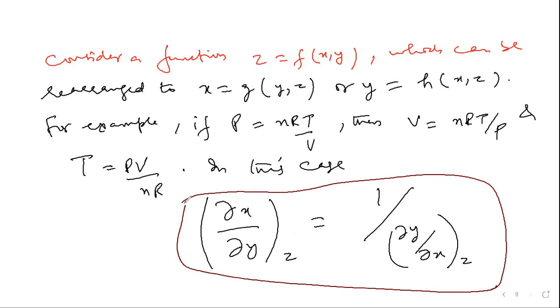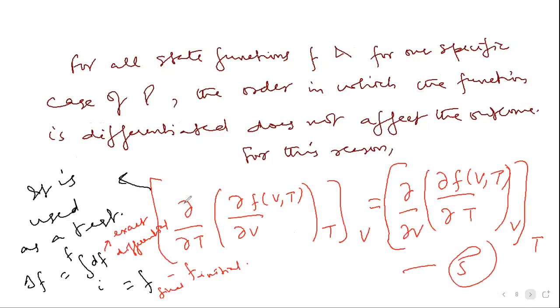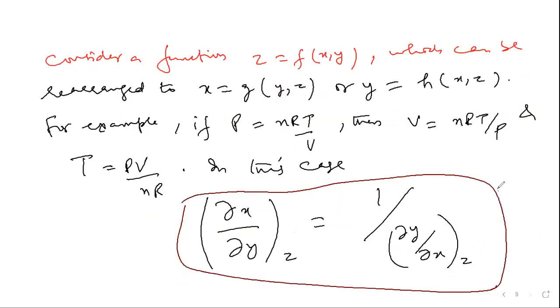You have to remember it. This is my equation 6. I'm saying the derivative of x with respect to y partially, keeping z constant, is the reciprocal of dou y by dou x, keeping z constant.